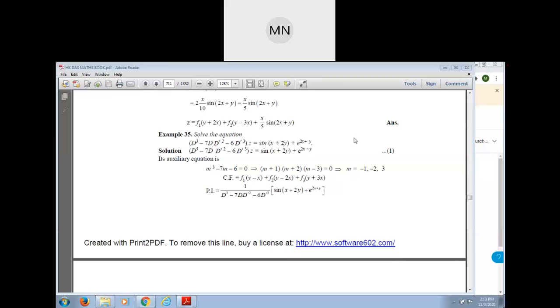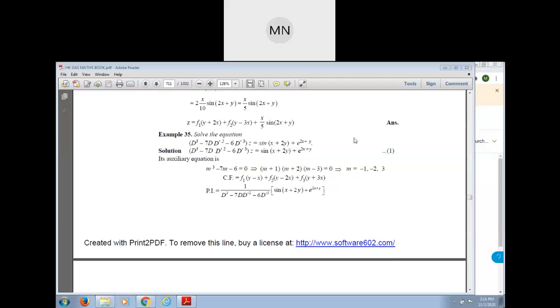Just divide this term by m plus 1. Then it will be m plus 1 into m square plus m minus 6. The quadratic form is m square plus m minus 6. Have you got the form?